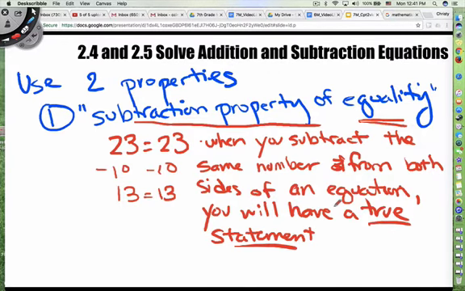Okay, very good. So let's go ahead and try some of these for the first part, an addition equation, and then we'll look at the second property in a moment.